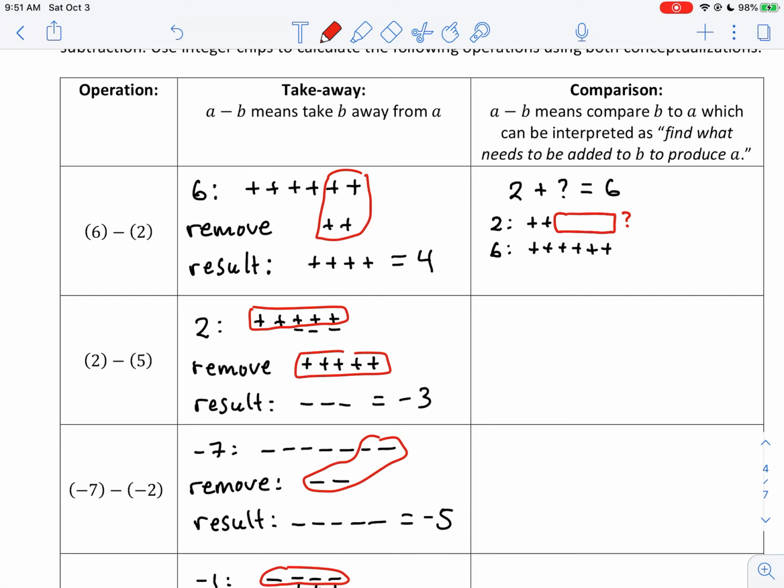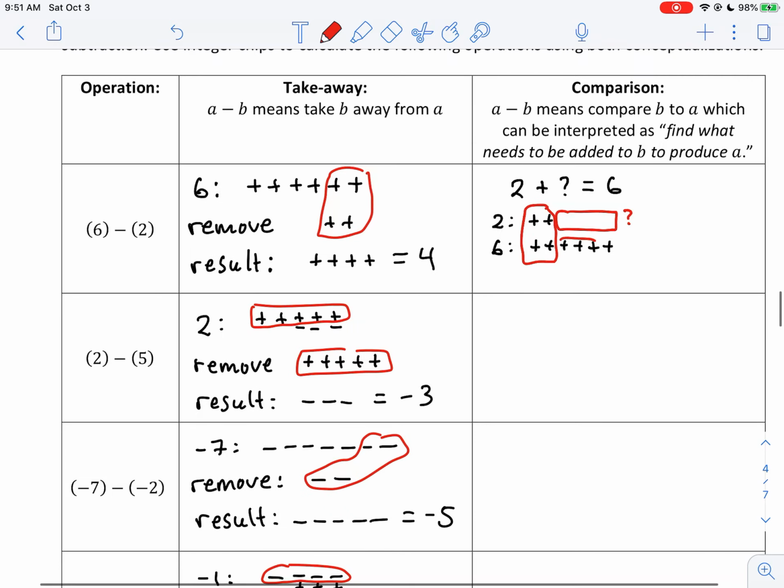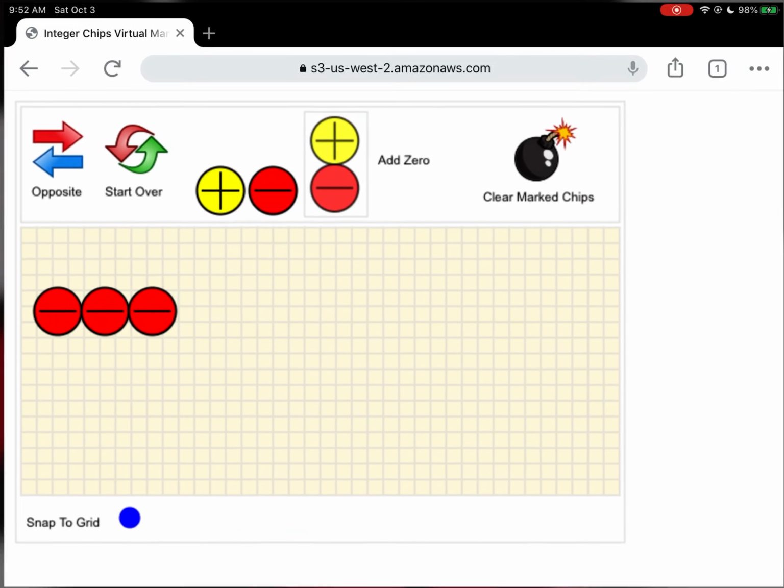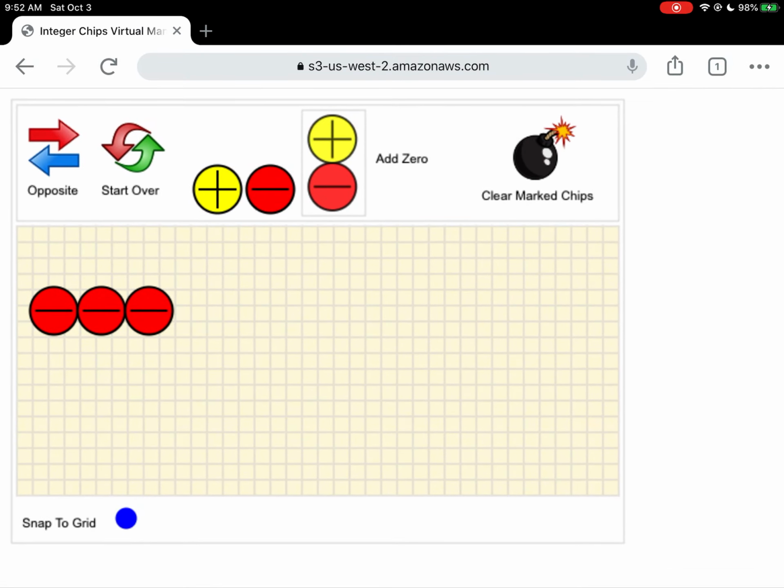Of course, one way you could do this would be to line up what you already have, like cancel those pairs, and then see, hey, what's left out of the 6? 4 pluses, right? This is what we need to add to 2 to get 6. So if you're doing integer chips over here, it'd be a good idea, if you're doing a comparison, to put the two values, don't think remove, right? Put the 2 on here.